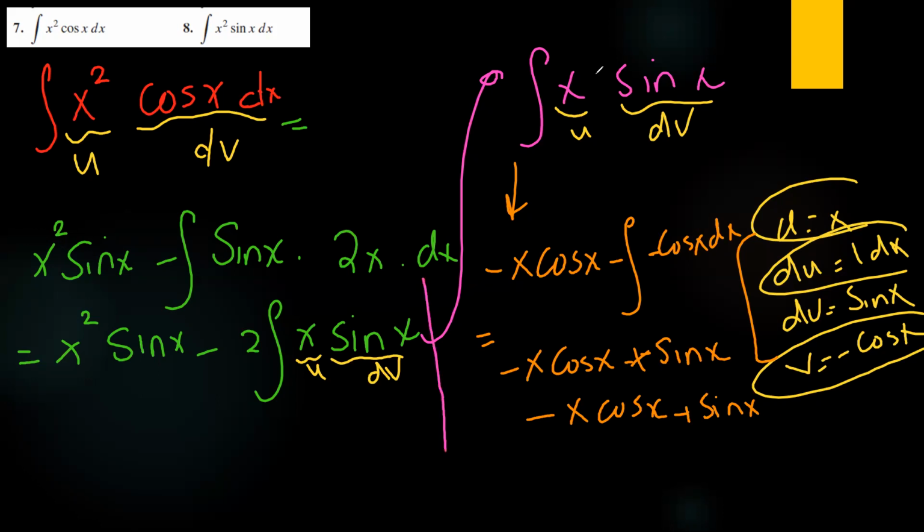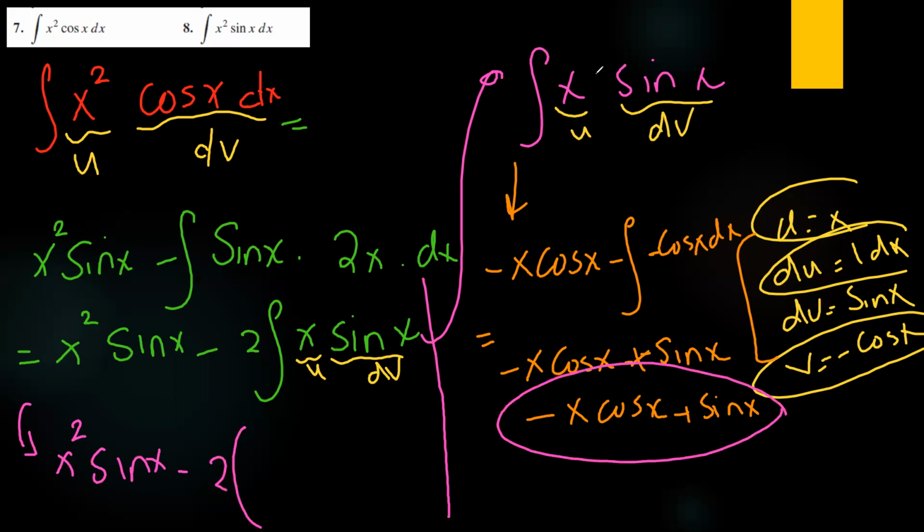So let's replace it here: x squared sine x minus 2 times the integration of x sine x, which is negative x cosine x plus sine x, plus c. This is how to find the integration of x squared cosine x.